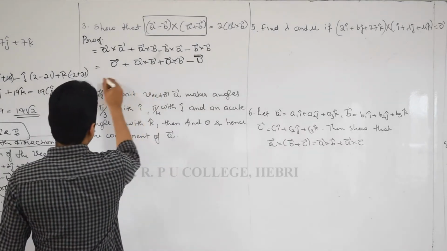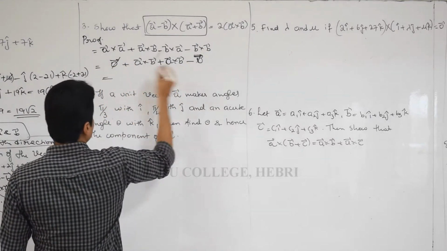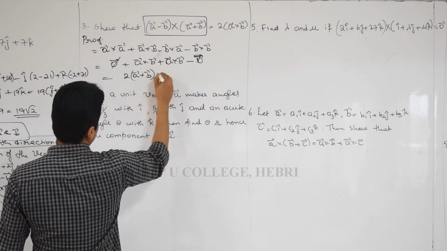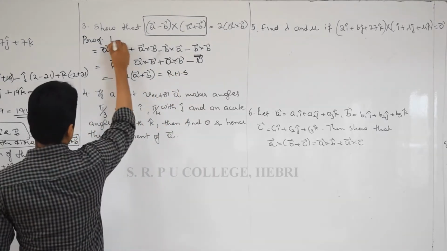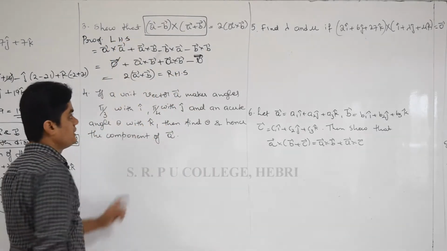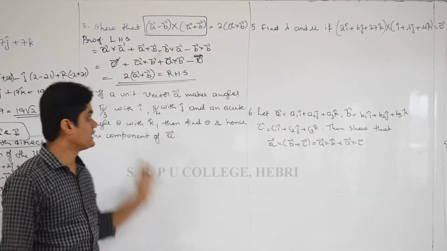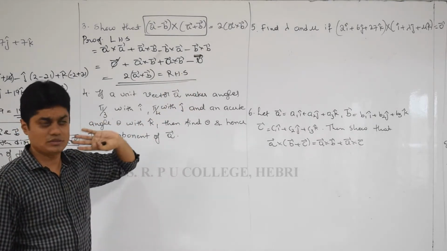So this cancels because it is 0. The remaining is 2 times vector A cross B, which is what was asked in the question. We started with the LHS, so we got the RHS. So the proof is completed. Very simple question. I hope you understood.